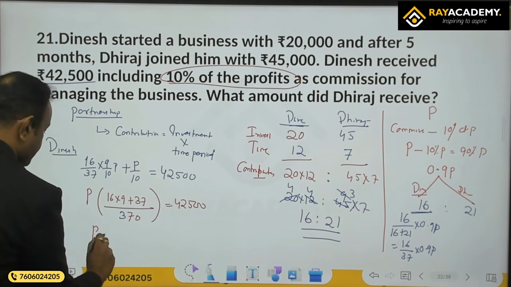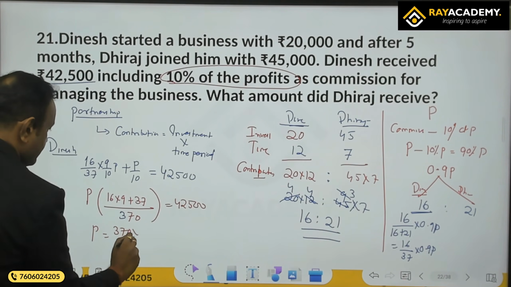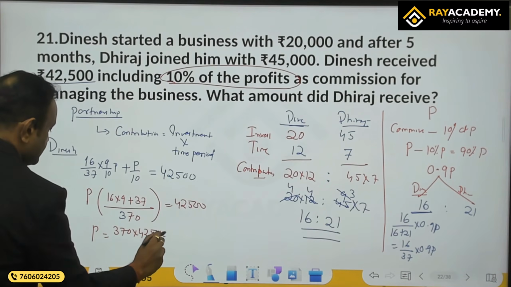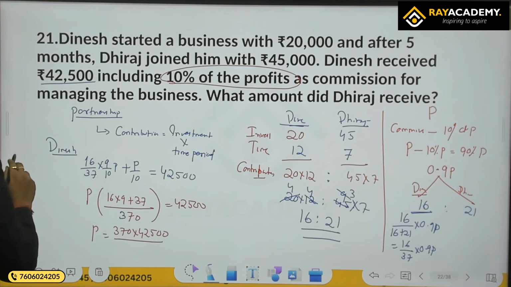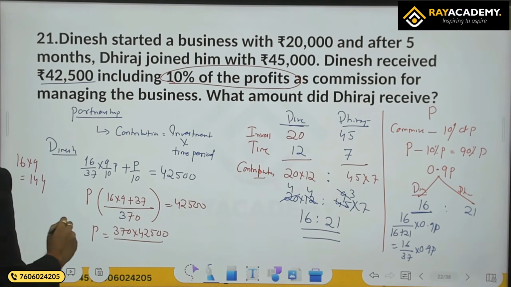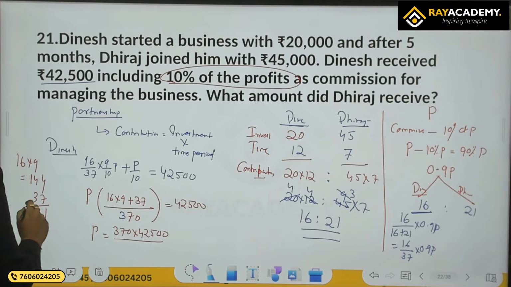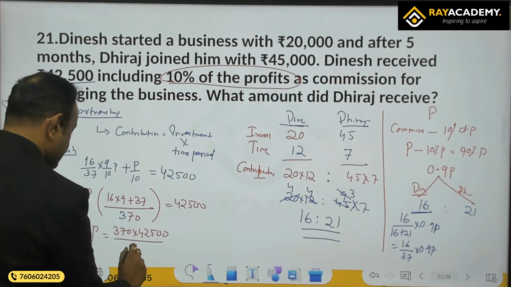So P is 370 into 42500 by 16 into 9, which is 144. 144 plus 37 is 181. So it is 181.